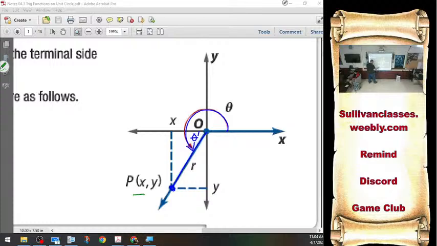And since we know x's go this way and y's go this way, I can say that X is my adjacent, Y is my opposite, and my radius is my hypotenuse. This is how we're going to start developing the unit circle, and we can relate physical figure geometry over to coordinate geometry.